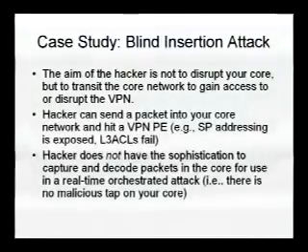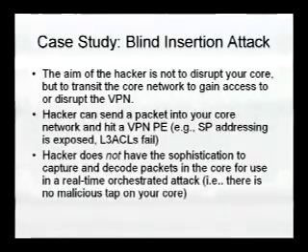So a little bit more about this blind insertion attack, case study. The aim of the hacker is not to disrupt your core. In fact, he doesn't even want to be detected on your core. He just wants to use it to send a few packets and hit a PE and trick you into sending packets into the customer VPN.